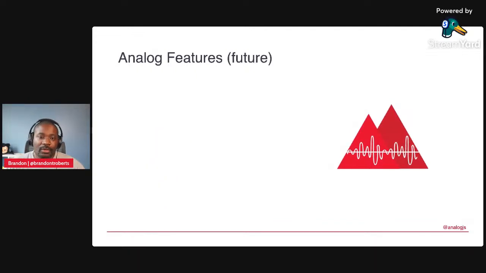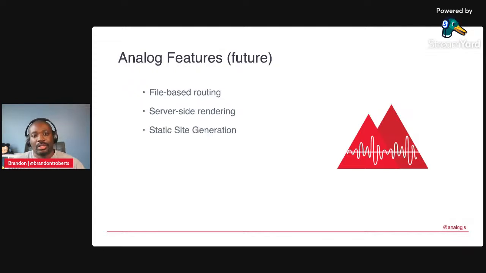Some of the future features coming to Analog that we're looking at building are file-based routing, as I mentioned before, making it easier to onboard with building Angular apps and routing conventions, and having server-side rendering and static site generation integrated into the platform itself. So it just feels more integrated and well put together. Another thing is server API routes.